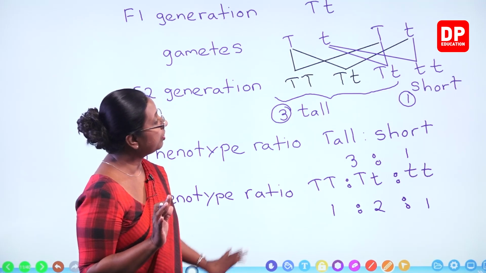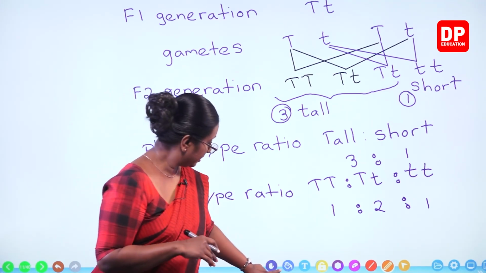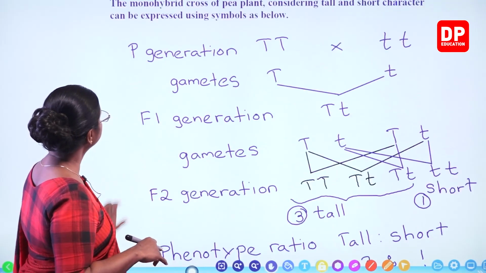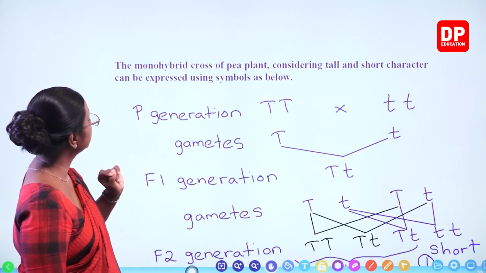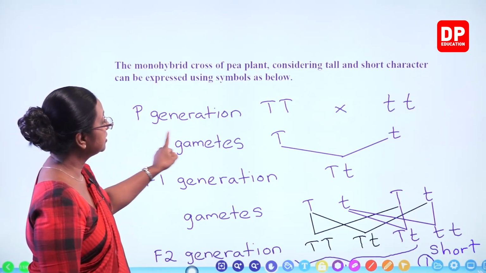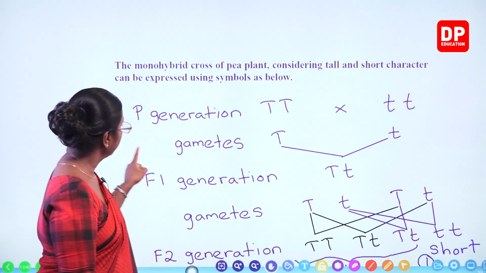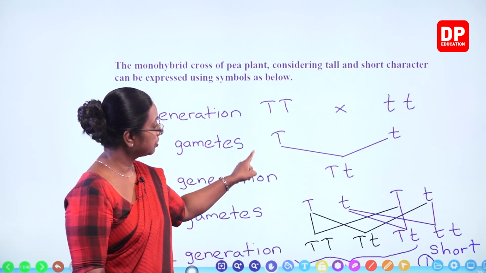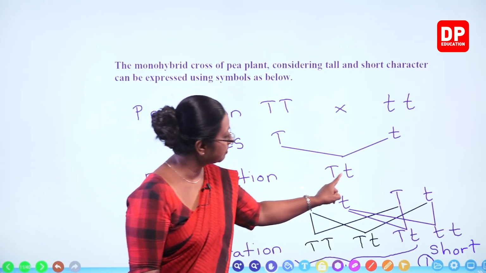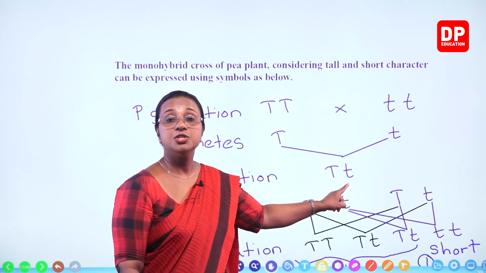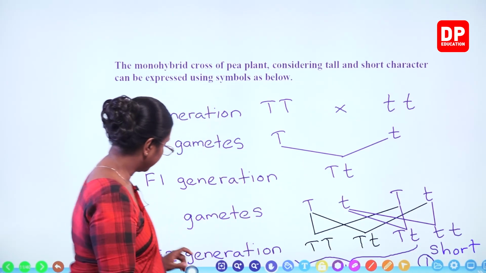So that is how we explain how characteristics are inherited. So here you can see the monohybrid cross of pea plants considering tall and short character. Parental generation, tall plants, pure breed, short plants, pure breed. From that you get the gametes, tall gamete, short gamete. And F1 generation is a mixture of both tall and short character. It is a heterozygous tall plant.